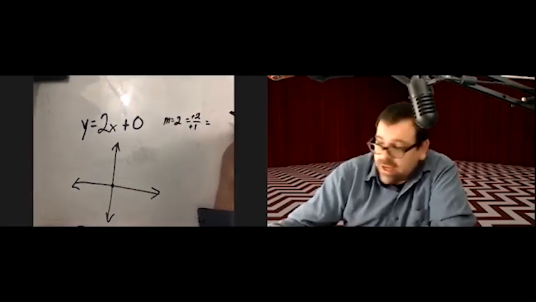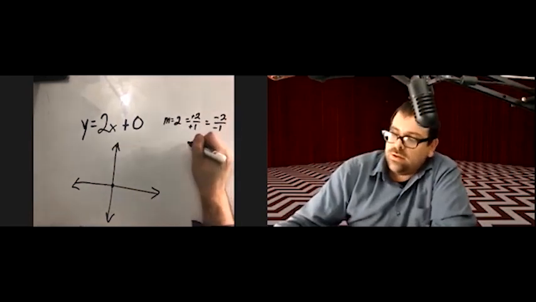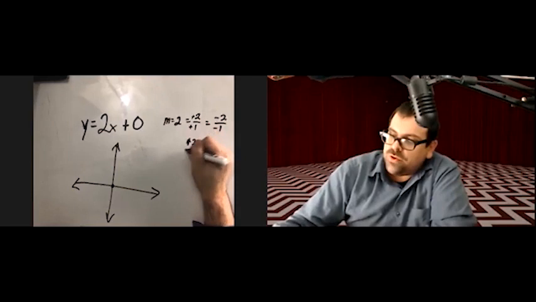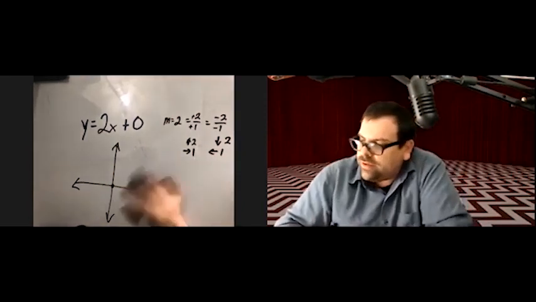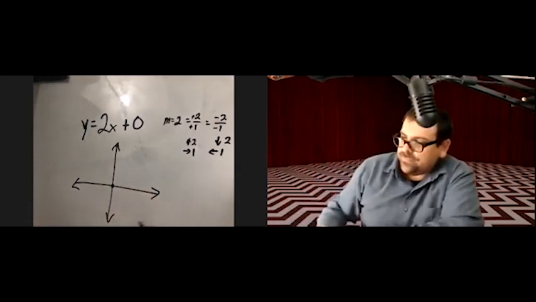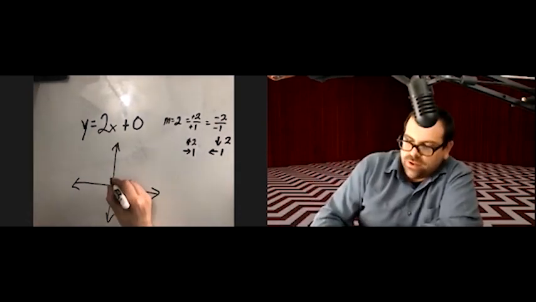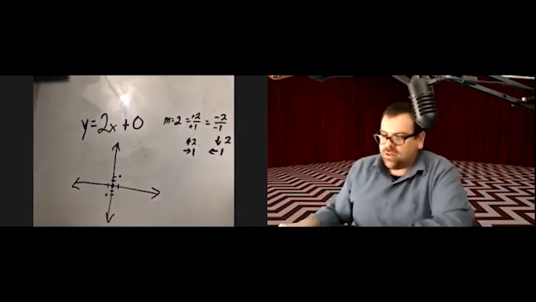But what's another way to get 2? Negative 2 over negative 1. So we either go up 2, right 1, or we go down 2, left 1. Remember, that's how we did slope. So from this point, we can go up 2, right 1, or we can go down 2, left 1.